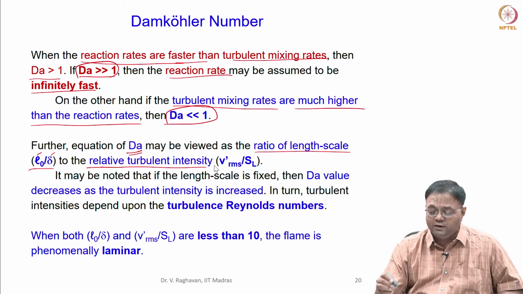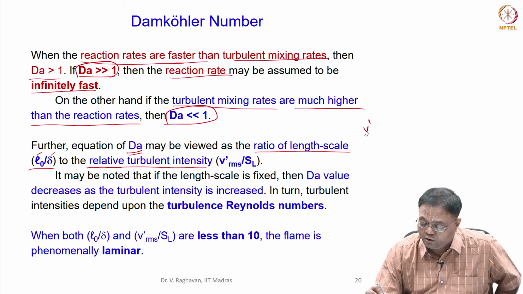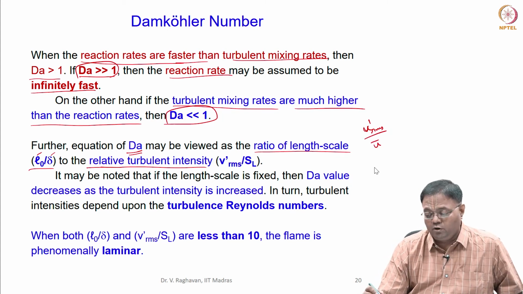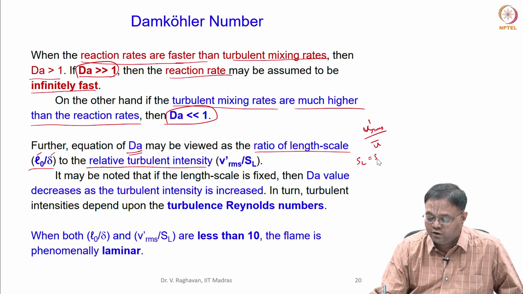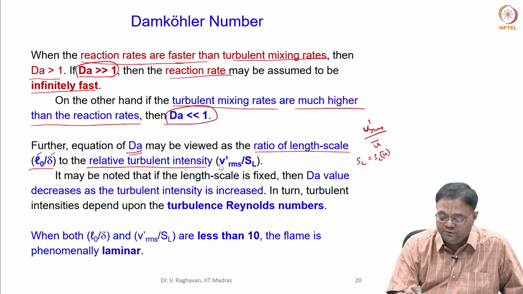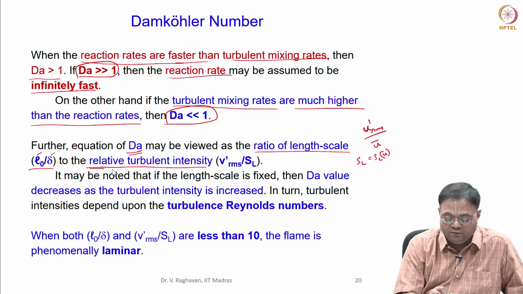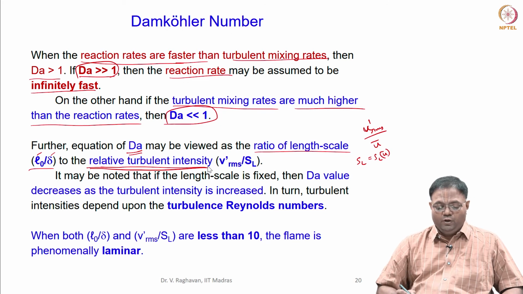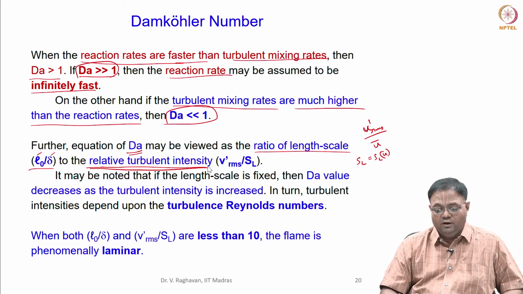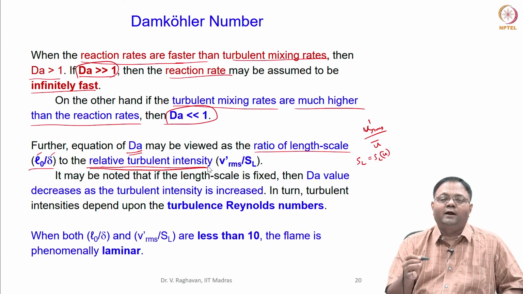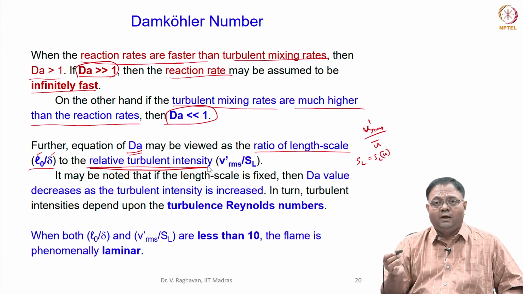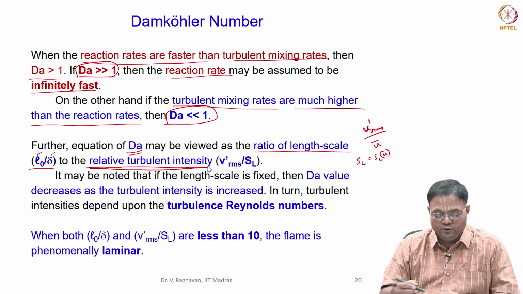Normally, relative turbulent intensity is written as V dash RMS or U dash RMS divided by U bar, the mean velocity. Since U bar and SL are connected, SL being a function of U bar, I can say V dash RMS by SL is the relative turbulent intensity. So, we can also define it like this. Basically we can draw maps in this coordinate and see where the turbulent premixed flame regimes will lie. That we are going to do eventually.